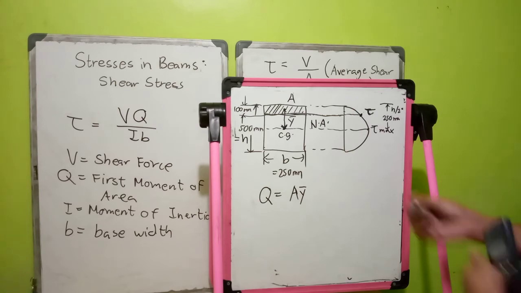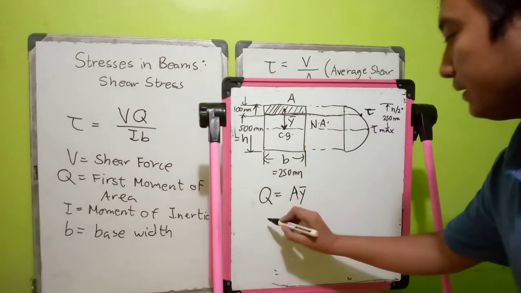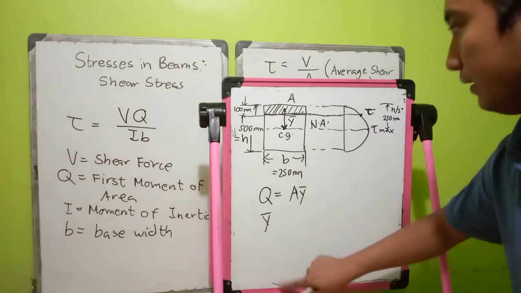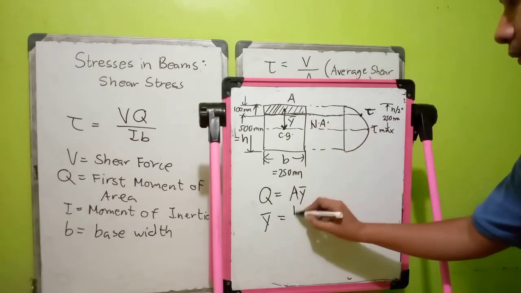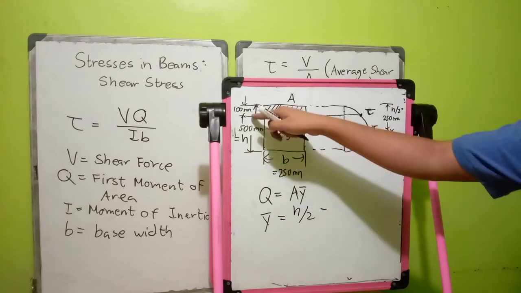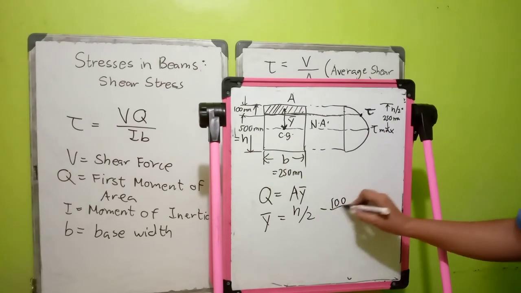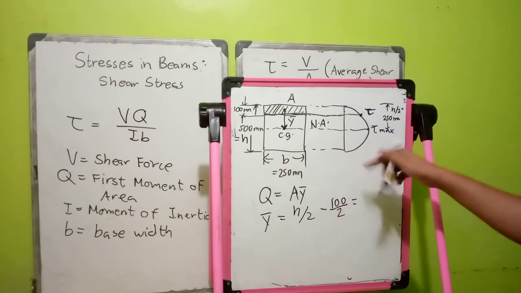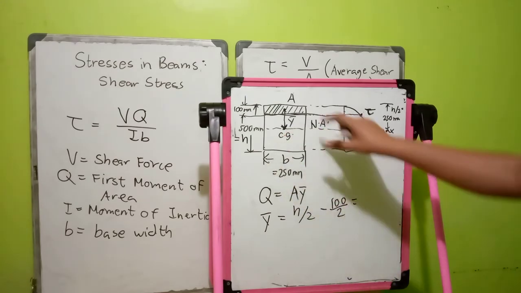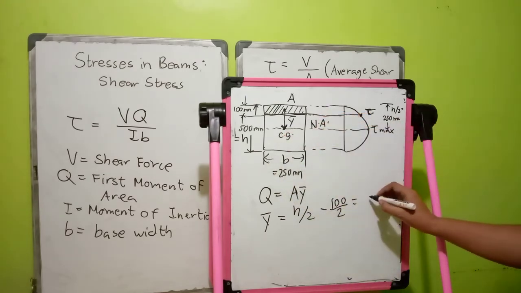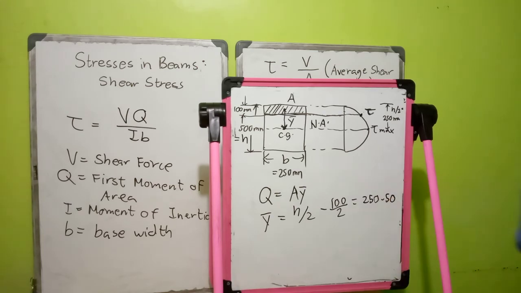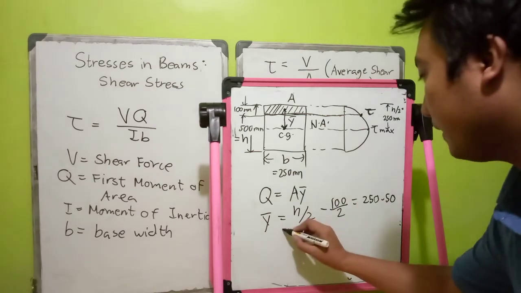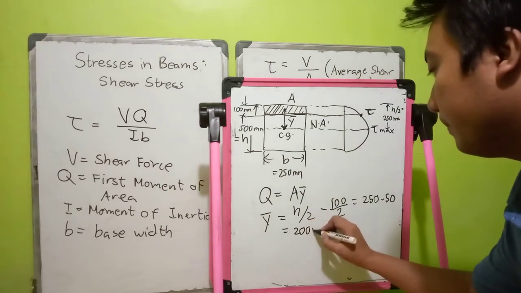Please take note: your y bar is equivalent to h over 2 minus 100 over 2. Your h over 2 is 250, minus 50. So we can compute your y bar as 200 mm.